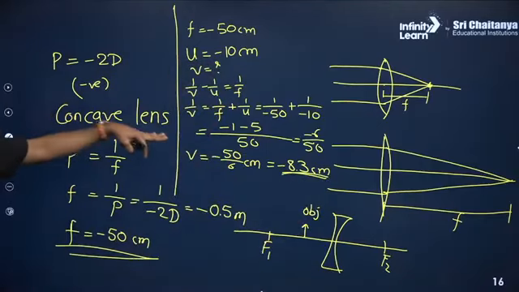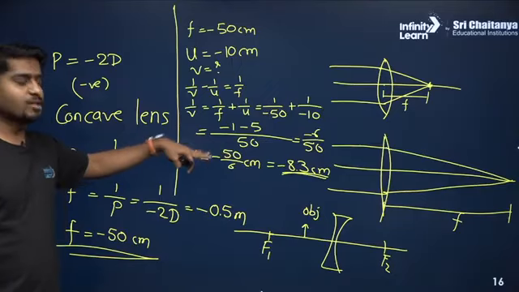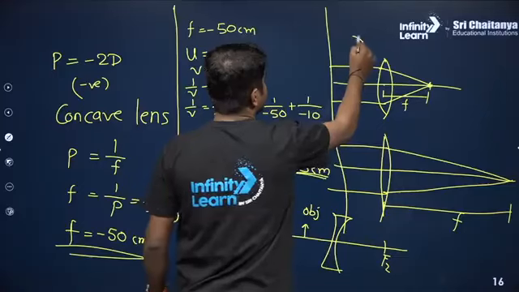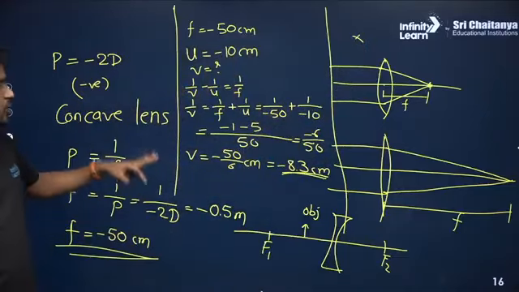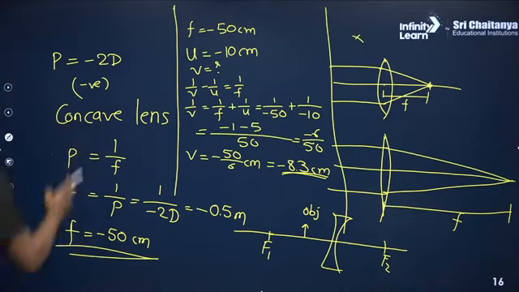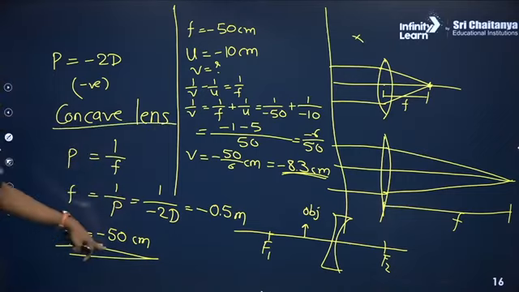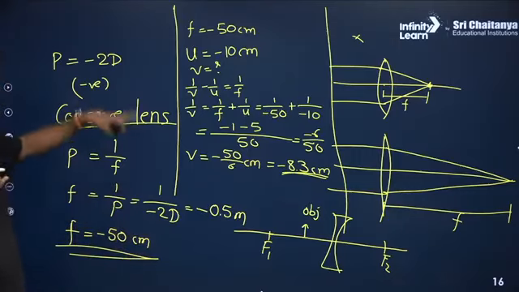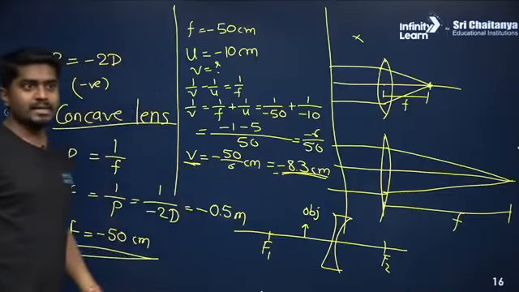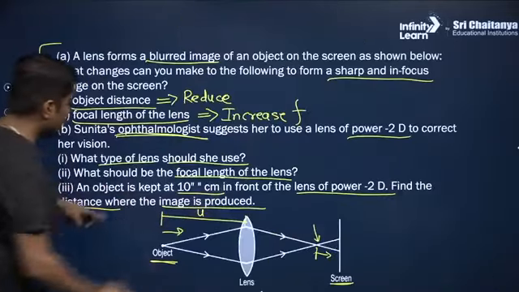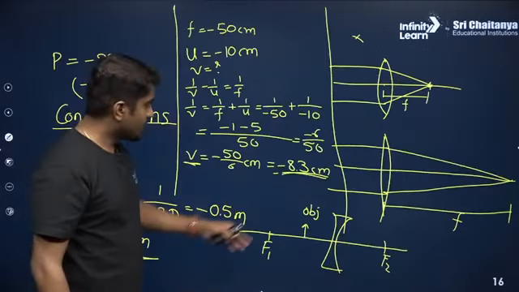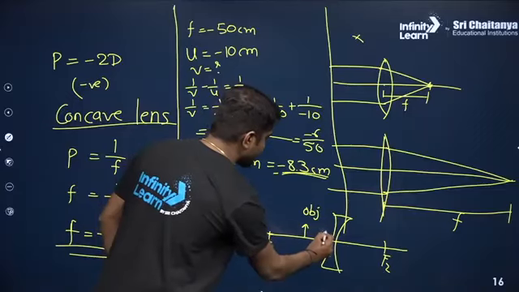So this is the point where the image is going to form. Yes, it is a concave lens. I got confused with this. This was the earlier question. So here we have the concave lens and focal length is -50 centimeter. Okay, substitute these values, you get the V, which is -8.3 centimeter. So the image is produced at -8.3 centimeter. So somewhere in between the object and the lens is going to be the image.